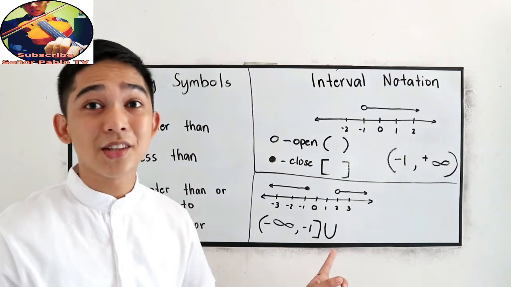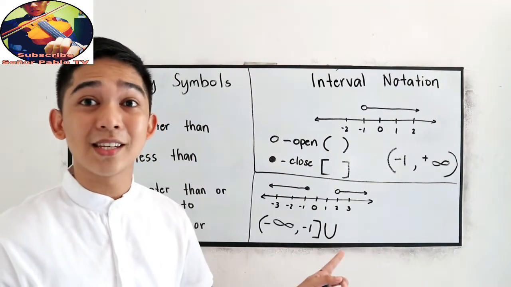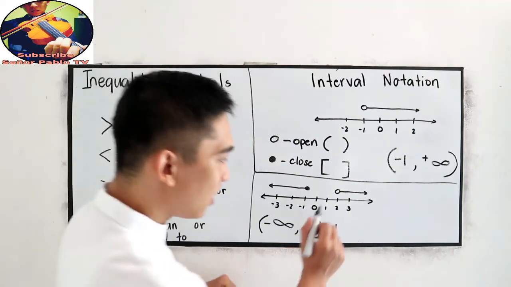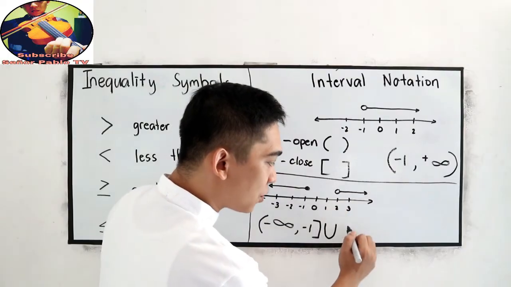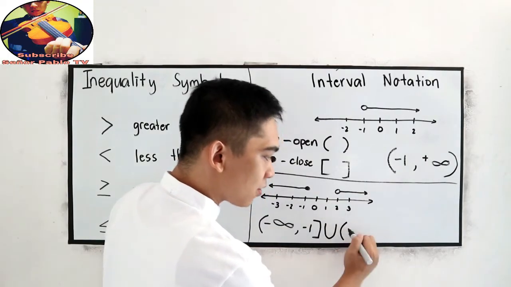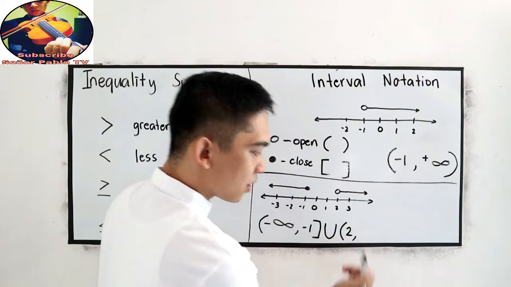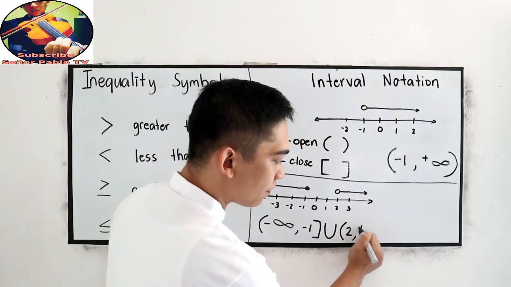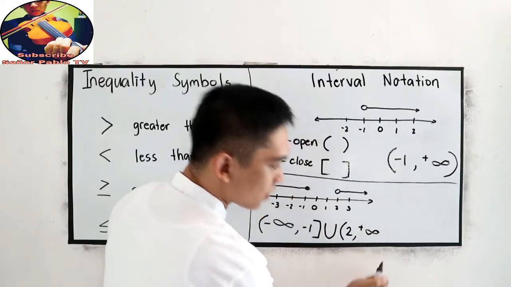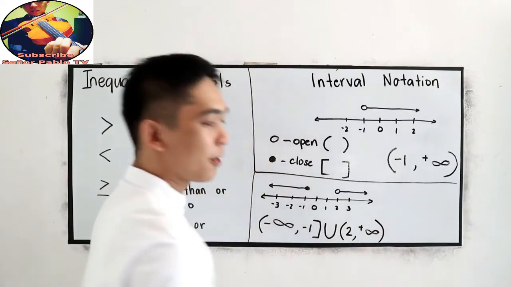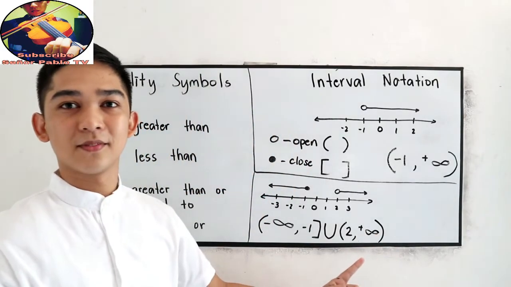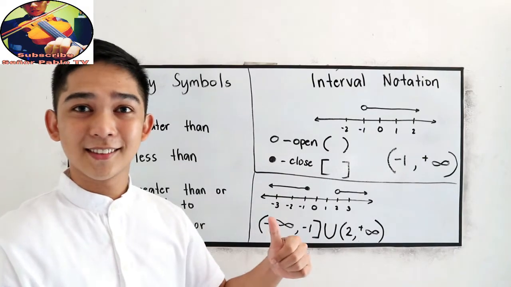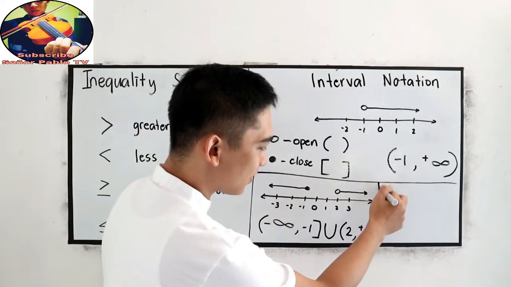This is a grade 7 lesson, union. Open to positive 2. Open to positive 2. Then we're going to positive infinity. So this is also open. Did you get it?